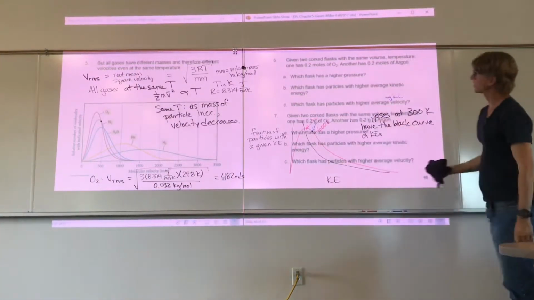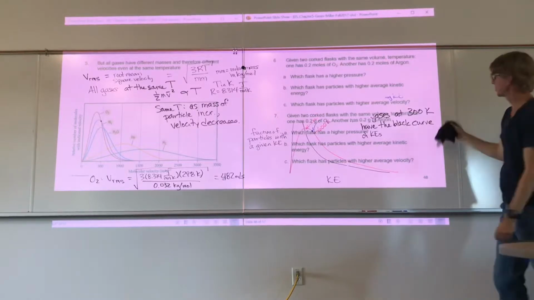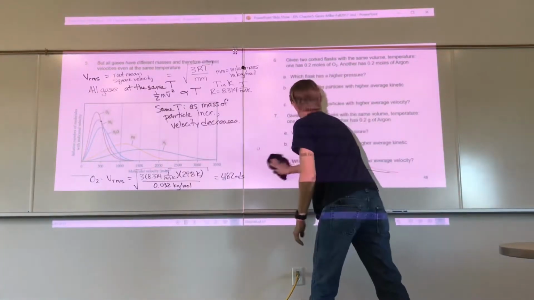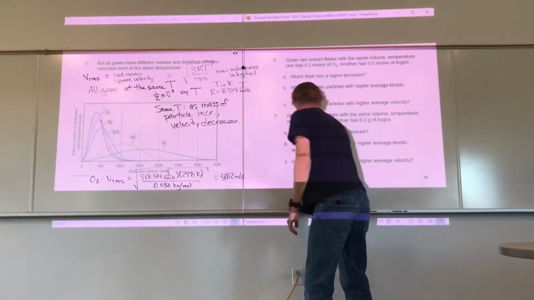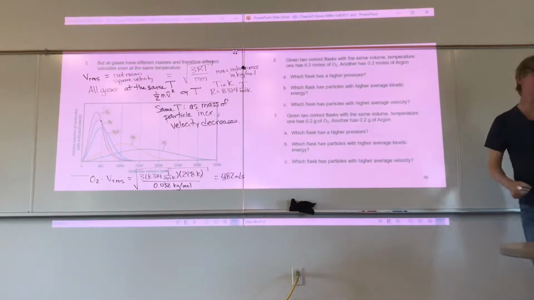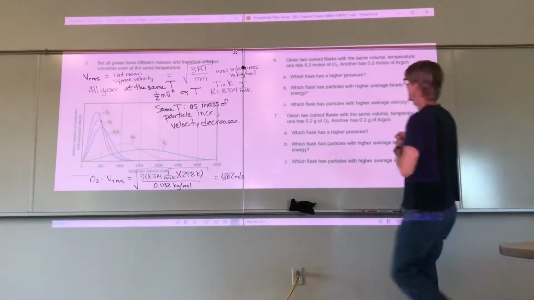Given two corked flasks with the same volume and temperature, one has 0.2 moles of oxygen, another has 0.2 moles of argon. First question we're going to ask is, which has a higher pressure? Argon. Argon. Let me put up an equation, and then we'll discuss.